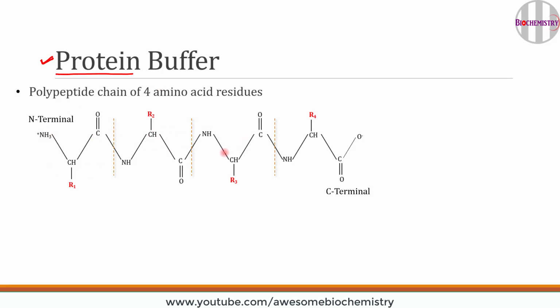Now in case of any amino acid, there are at least 2 ionizable groups, and these ionizable groups are responsible for the buffering. But the problem with the protein is that peptide bonds are made between the carboxylic group and the amino group, right?